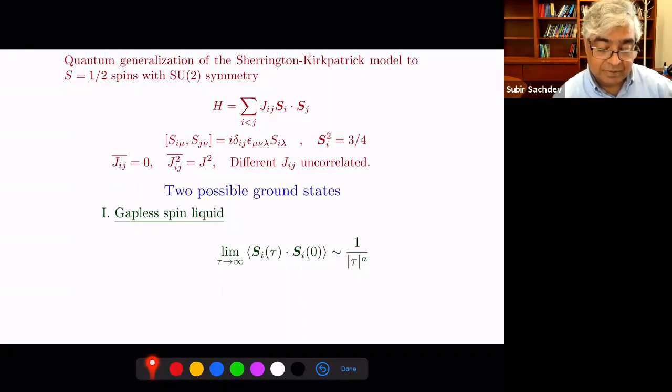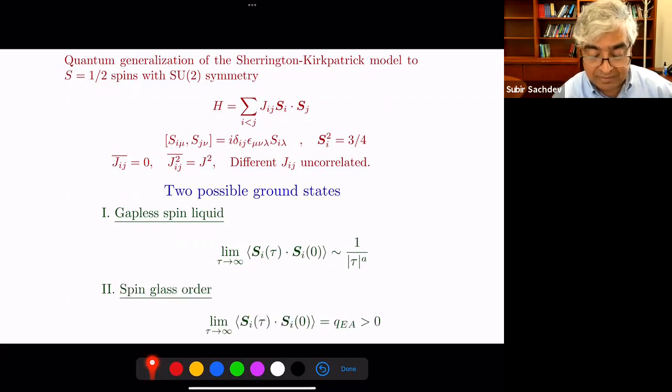And what we found is a possible gapless state, which in fact features fractionalization and deconfinement, which has a power law decay of correlations. It's not a trivial state at all. In fact, that is the SYK state, or a spin glass state, where this correlation function goes to a finite, non-zero value as tau goes to infinity.